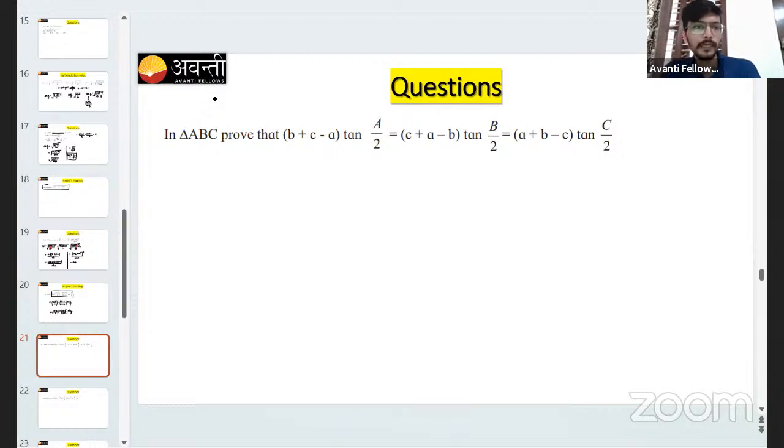Okay. So what we have to prove here is this. This is equal to this is equal to this. Means we have to prove three equalities, right? So let's simplify one of them.